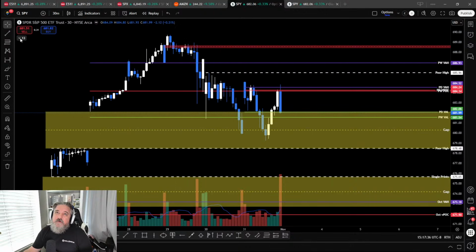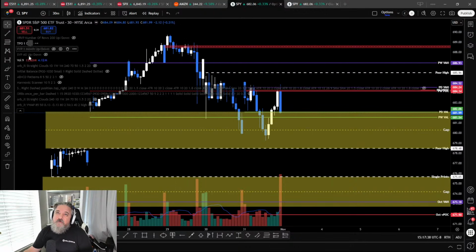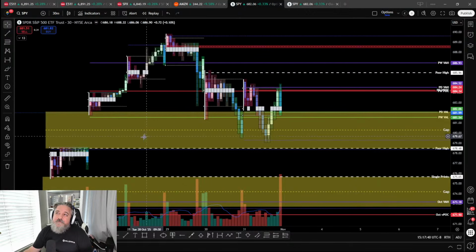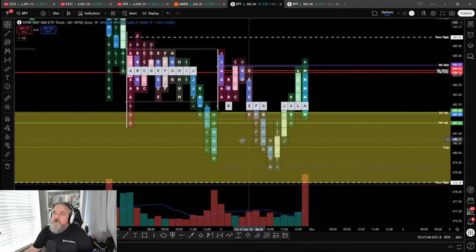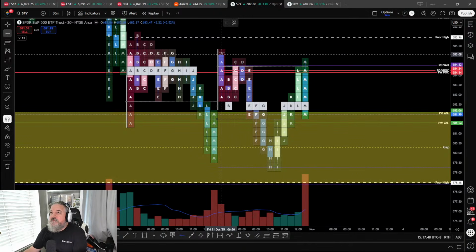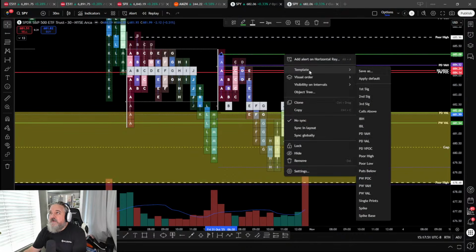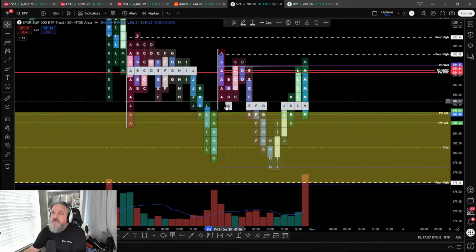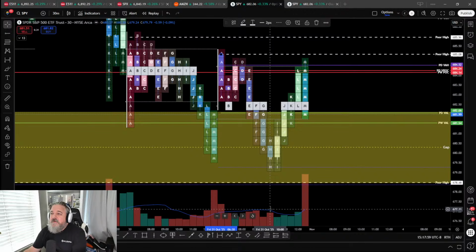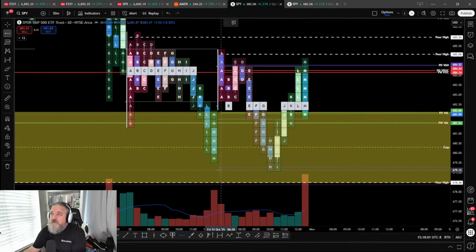Let's do TPO really quick, and then we'll zoom out and look at our larger time frames, daily candle. This is a poor high or crowded high. Definitely not single prints. And then down at the bottom we have a poor low or crowded low.